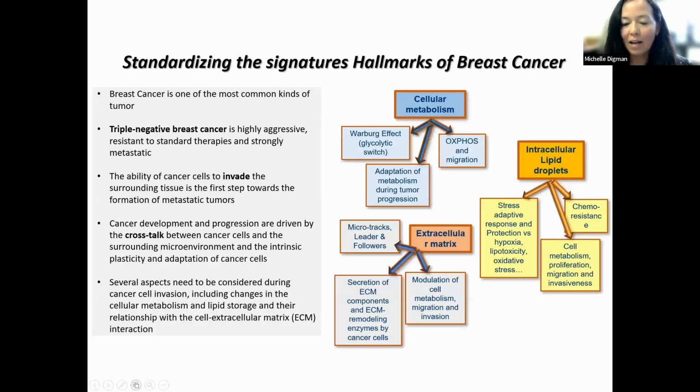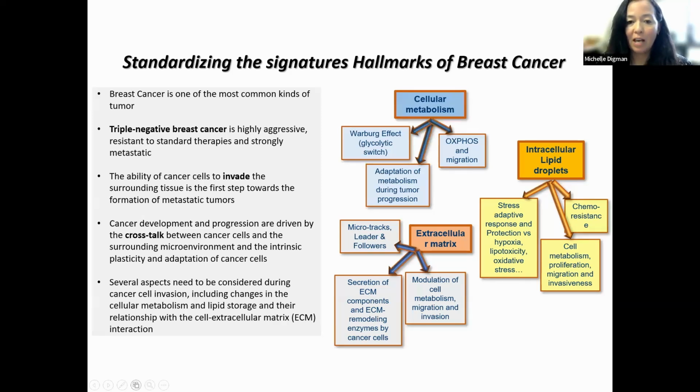And for the last bit here, I'm just going to highlight some of the things that we've done to go into the space of using more multiparametric analysis with our imaging approach. So, of course, in our model system, we're using breast cancer. Breast cancer is one of the most common kinds of tumors, specifically triple negative breast tumor cells.